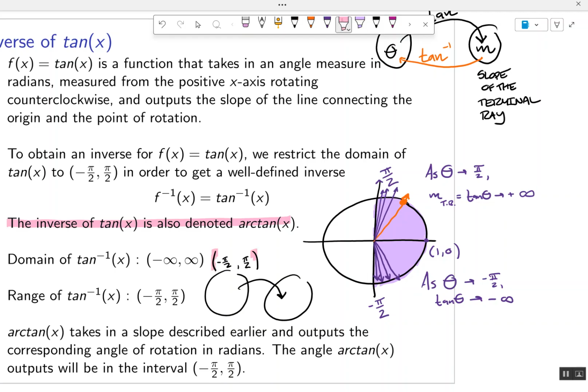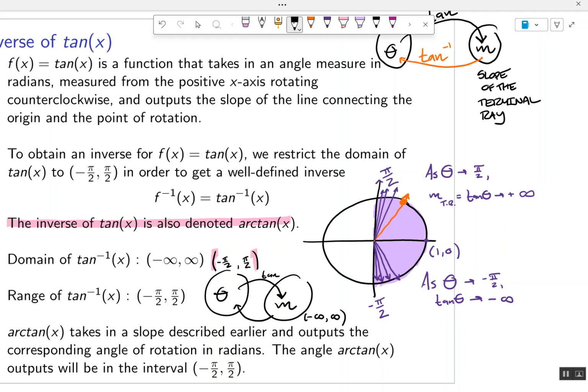We'll be very clear about that because you cannot take the slope of a vertical line; it does not exist. So this is my tangent function. We input angle measures, we get out a slope. The set of all possible slopes is from negative infinity to infinity, right?